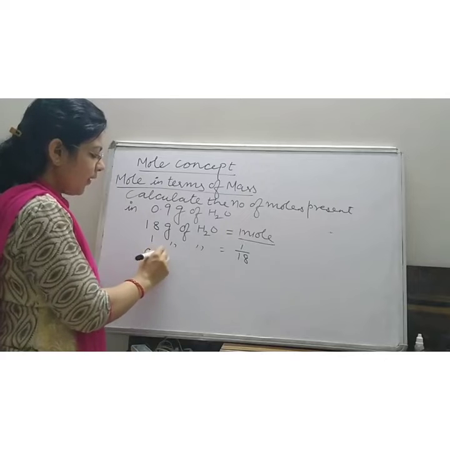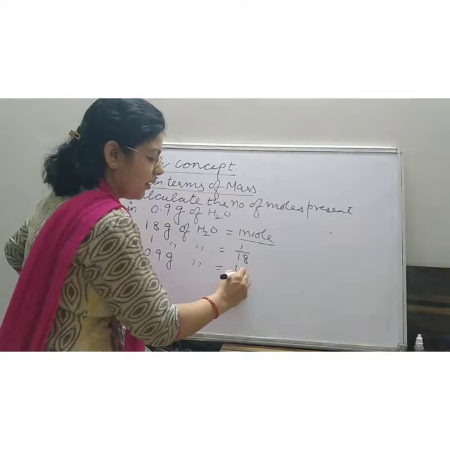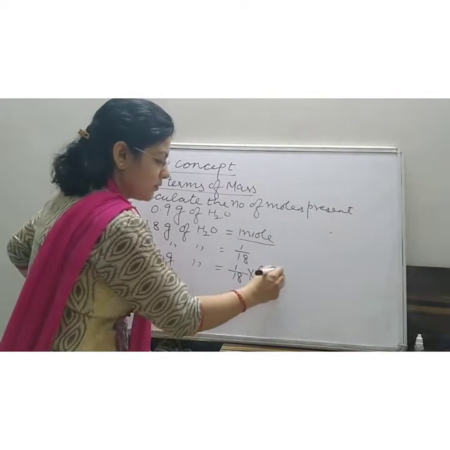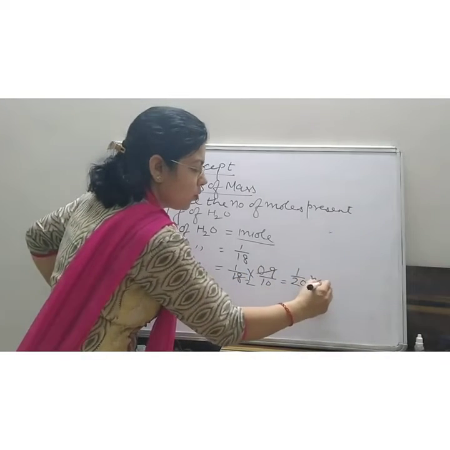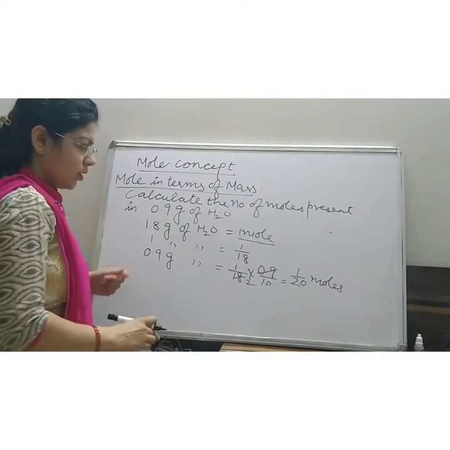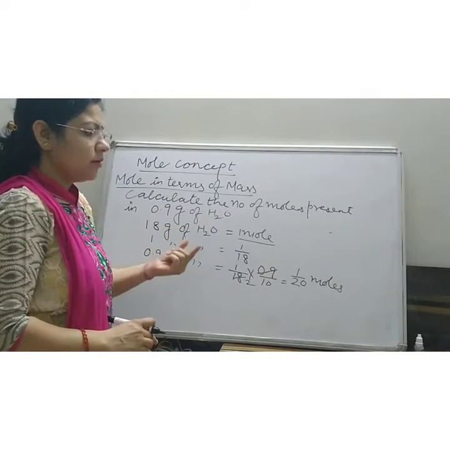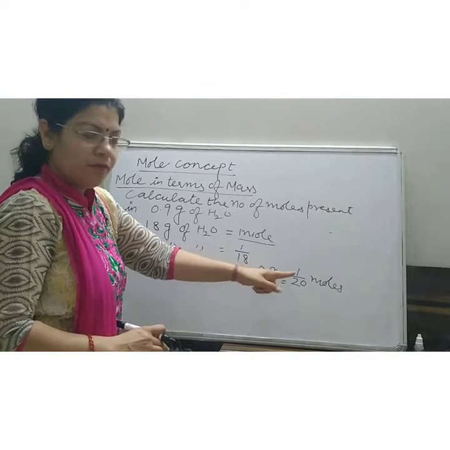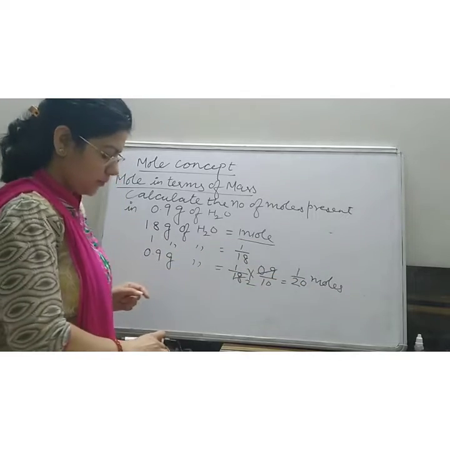So, 0.9 grams of water is equal to 1 by 18 into 0.9, that is 1 by 20 moles. So, 0.9 grams of water has 0.05 or 1 by 20 moles.